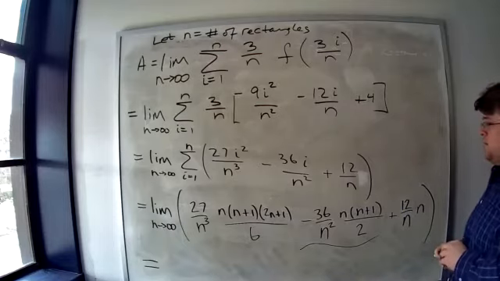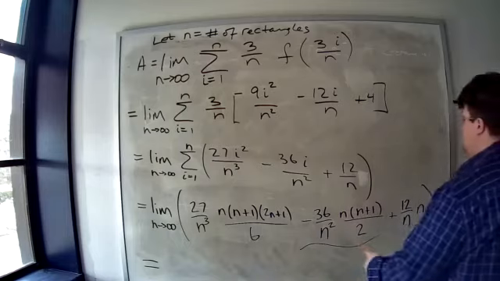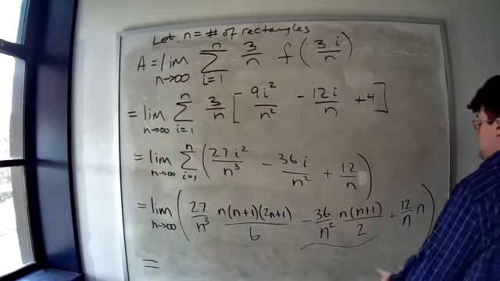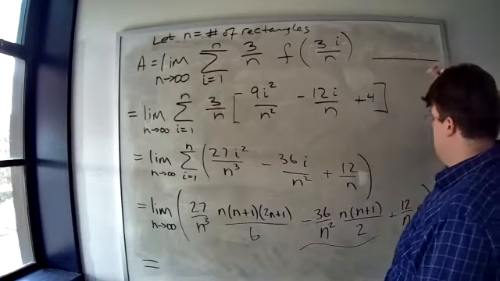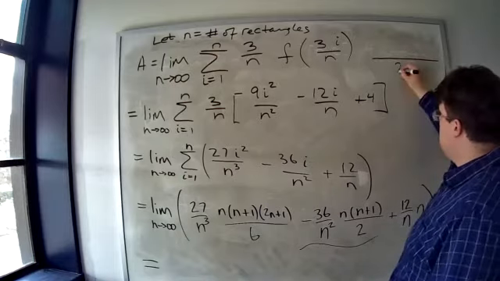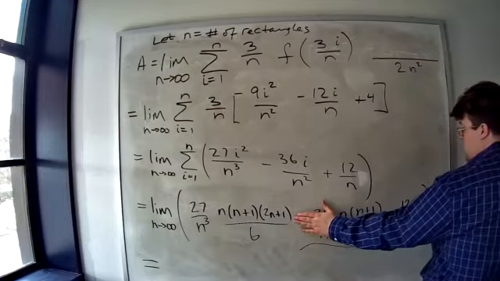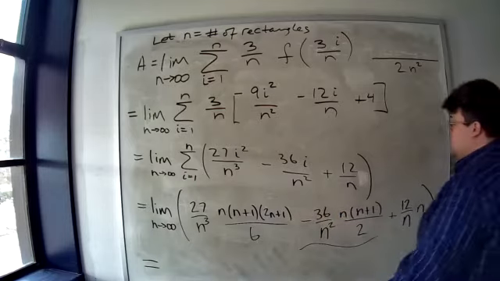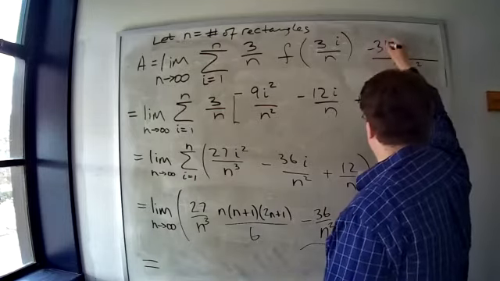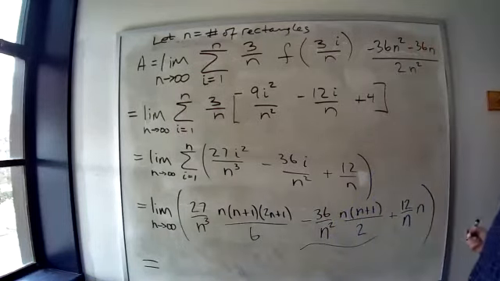First, we have a limit as n goes to infinity, and we have some polynomials. Let's write this as one fraction, this one piece. What would that look like? On the bottom, you have 2n squared. On the top, you have n squared plus n, with a negative 36 on it. So that makes negative 36n squared minus 36n.